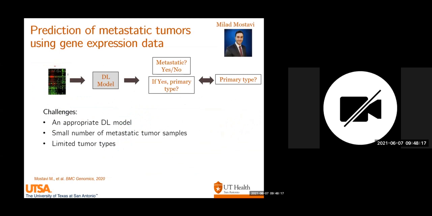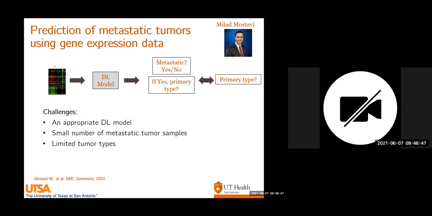So here is another project where the goal is to predict metastatic tumors, again using gene expression. The overall goal is that once we measure the gene expression of a patient, we want to build a model that takes such gene expression and answers these questions, including whether this tumor is metastatic or not.